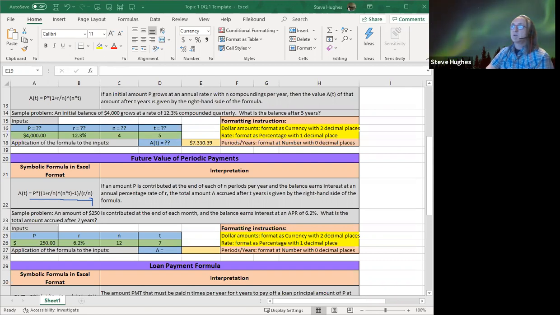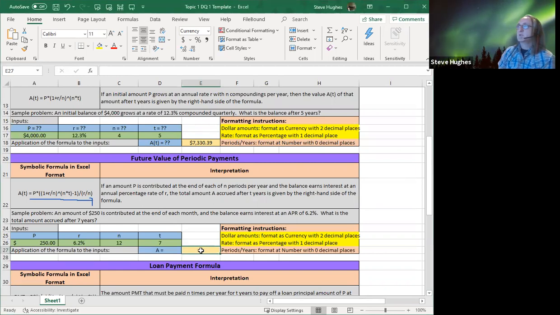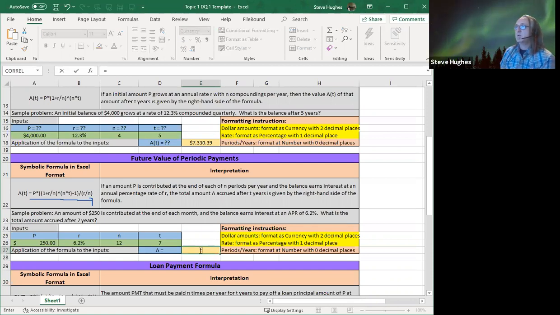So click on your mouse, and put it right here in cell E27. Notice that blue arrow I just drew. What does it start with? It starts with the equals. So type in equals. Remember, all mathematical formulas start with the equals.